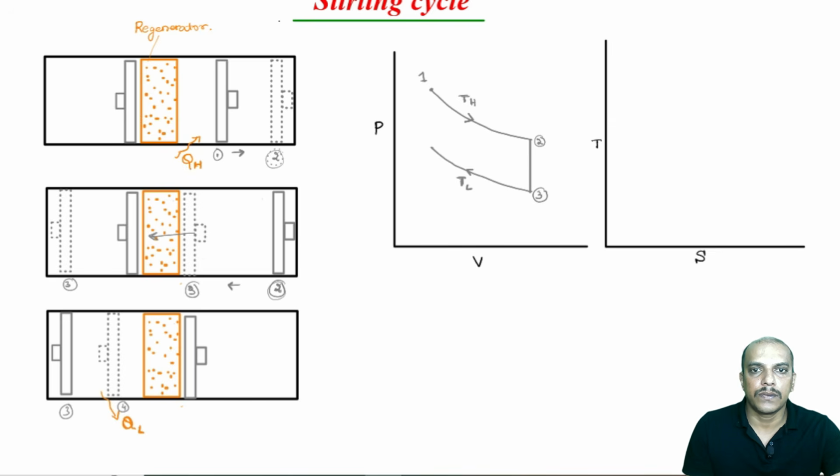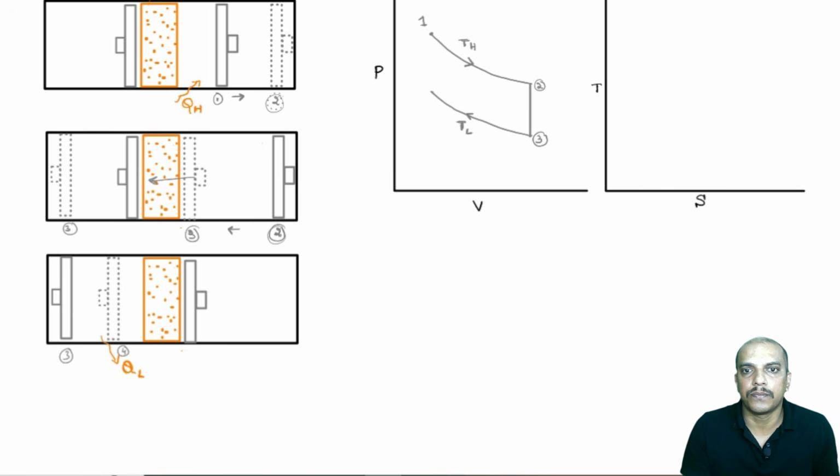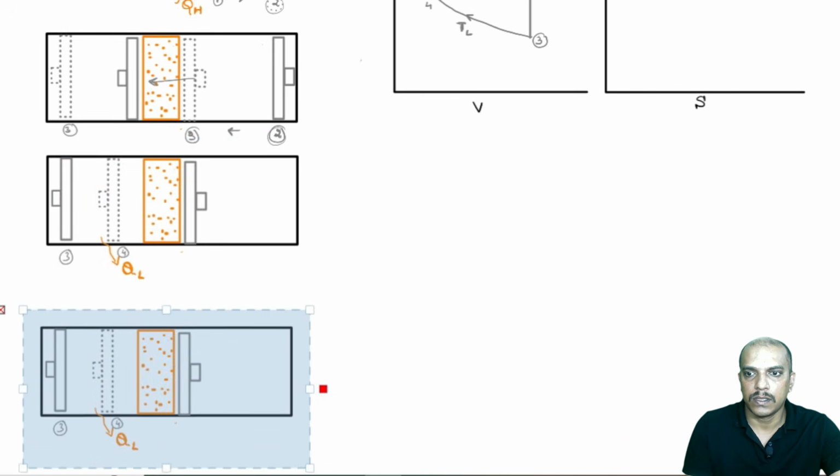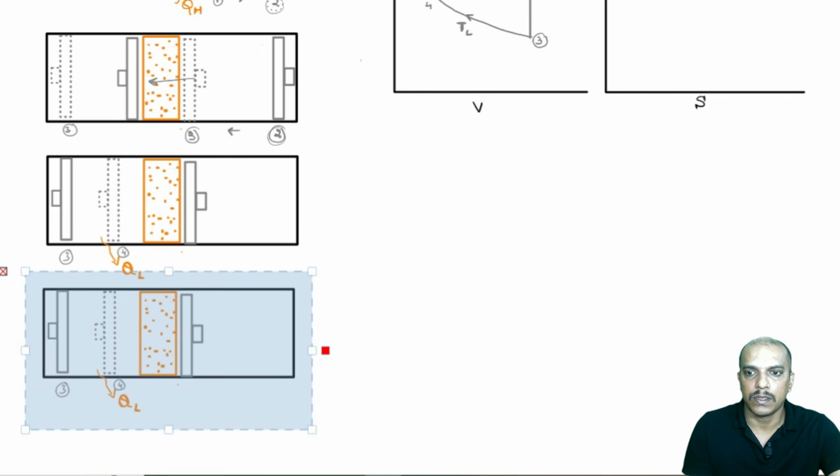Now, the last one is 4 to 1, 3 to 4 is this. Now, 4 to 1 is, again I will just copy this so that we represent this here.